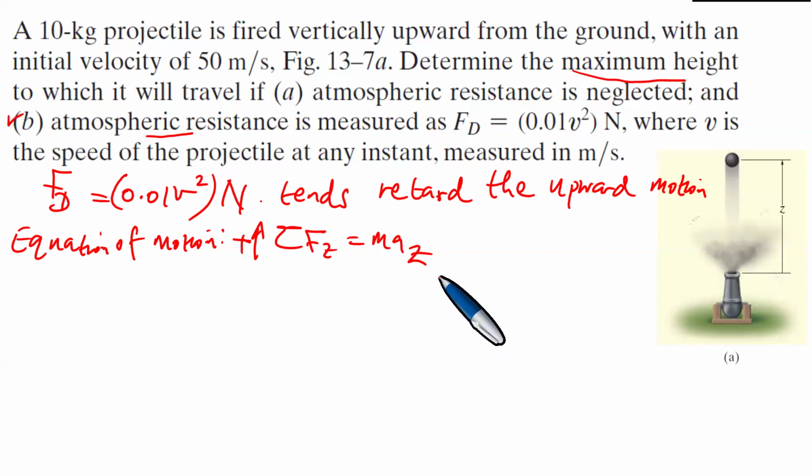Okay, we have the summation is this. Now let's actually analyze this particular question together and see what happens here. So the equation of motion now is going to be this.